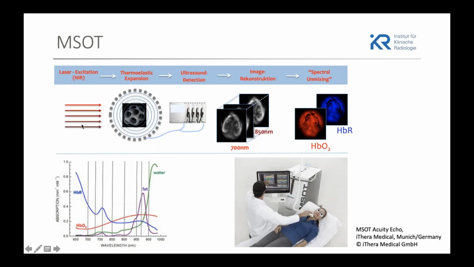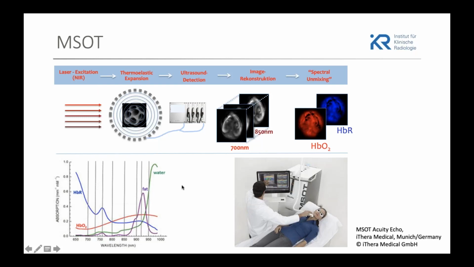I started here with the laser excitation on the left side, and then we progressed to the thermoelastic expansion, which is due to the laser excitation of the exposed tissue. This then leads to an emission of ultrasound waves by the exposed tissue. The principle of multispectral optoacoustic imaging is that you do the laser excitation at multiple wavelengths.